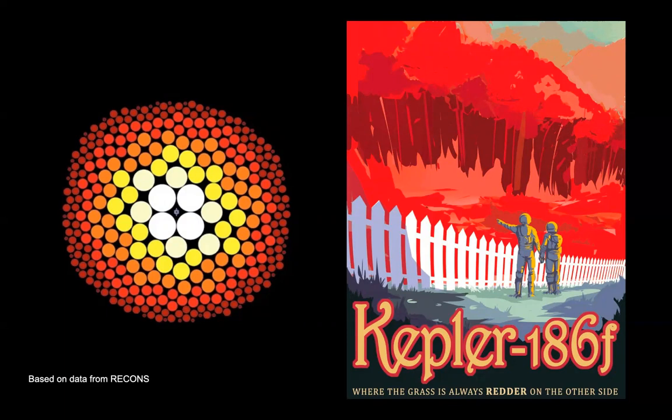So maybe there is vegetation, and this is just an artistic rendition, but if there is vegetation, you could reasonably imagine that it looks vastly different from our own vegetative biosphere, given that the input light that it's using for the photosynthesis process is fundamentally different from what you and I experience. It's much redder.